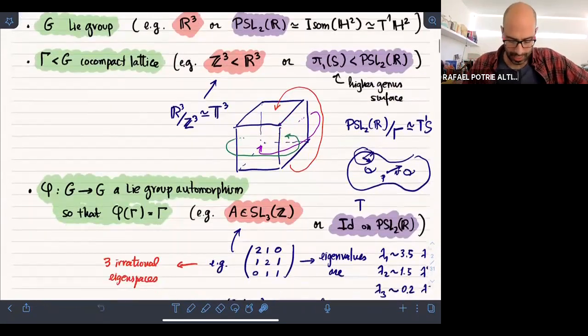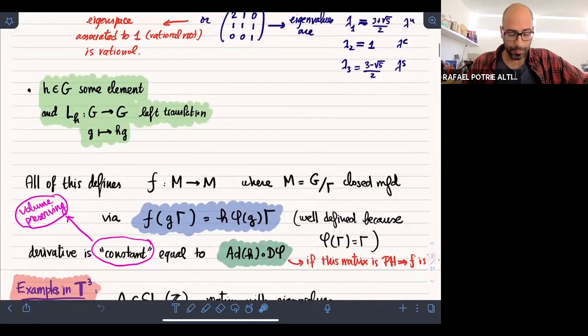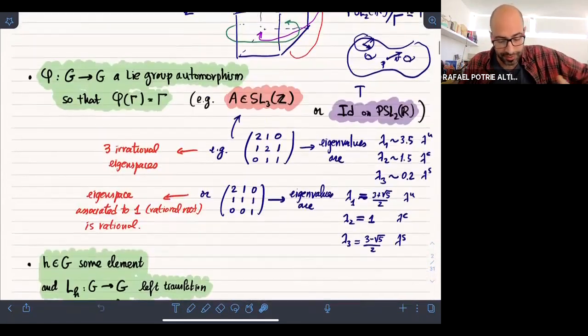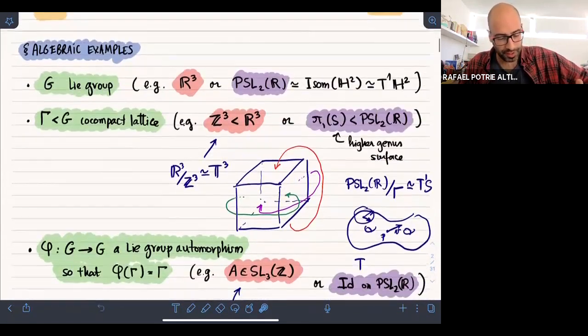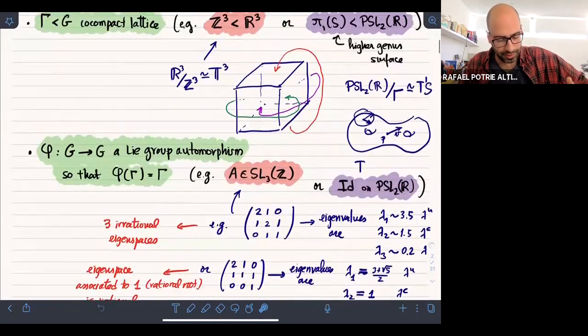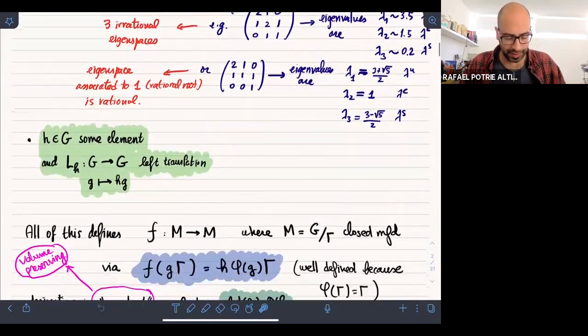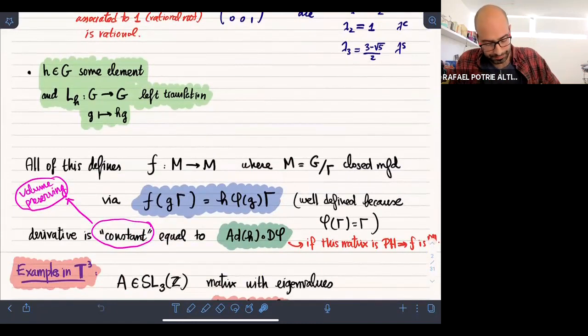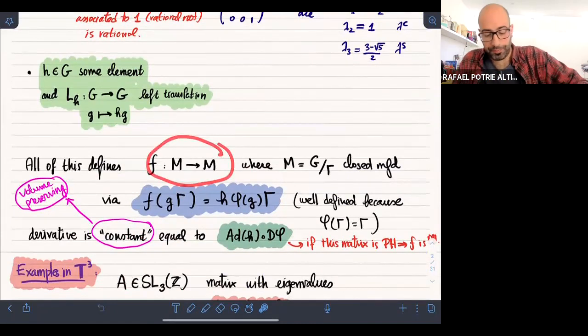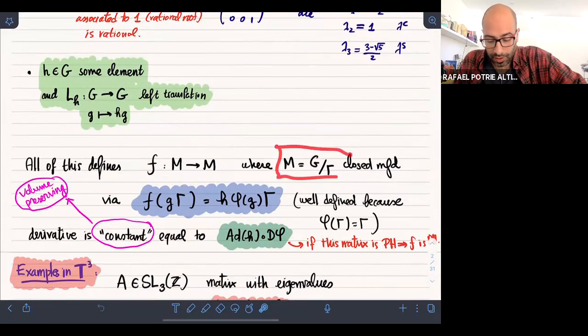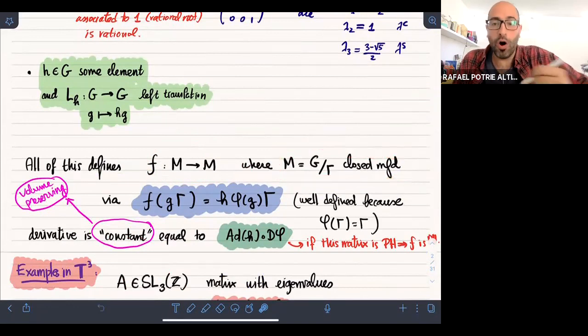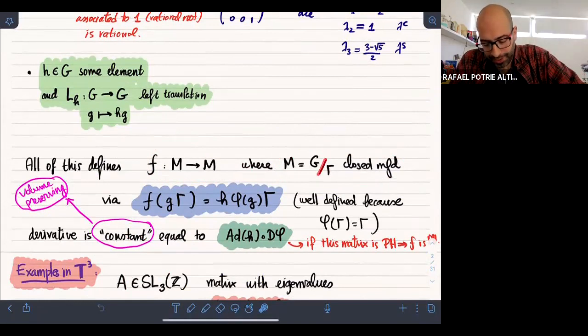Okay. And finally, if you have all these givens, the Lie group, a co-compact lattice, a group automorphism, and some left translation, you can define a diffeomorphism of the compact manifold, which is the group over the lattice. I'm acting on the right, so that acting on the right are isometries.